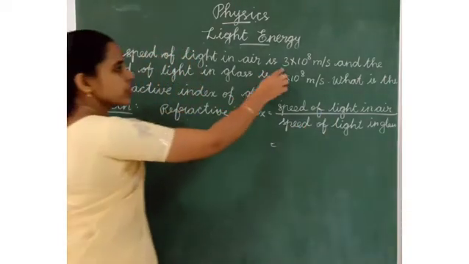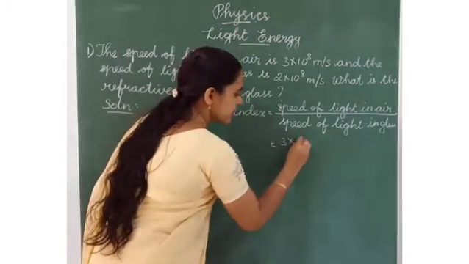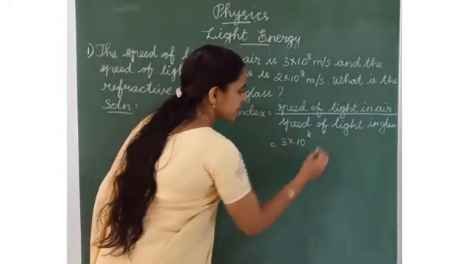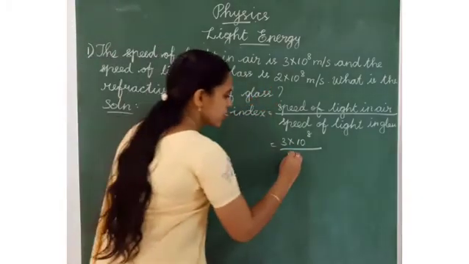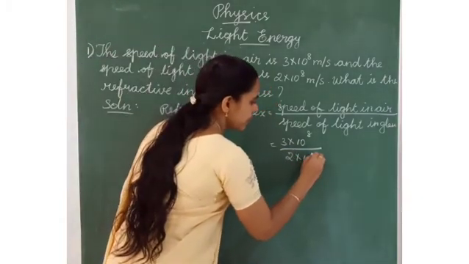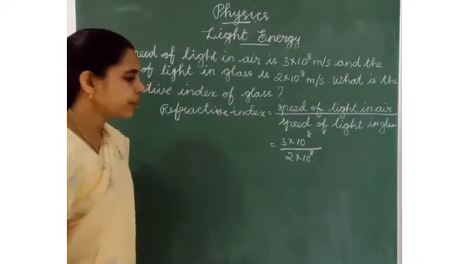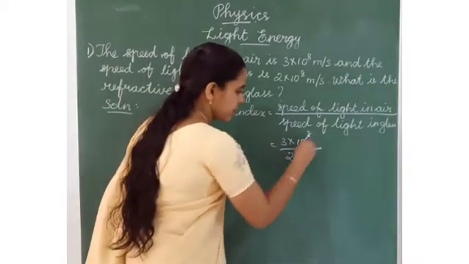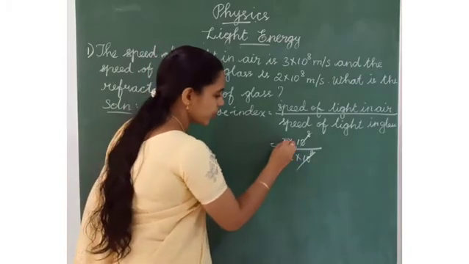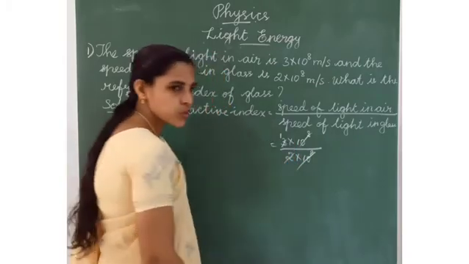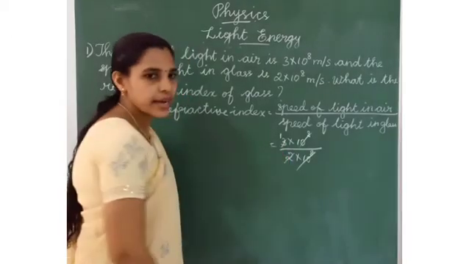What is the value? 3 into 10 power 8 divided by speed of light in glass, 2 into 10 power 8. We have to cut here. Then 1 2 is 2. 1 balance.